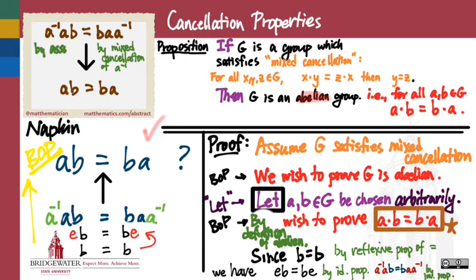By assumption of mixed cancellation in G. AB is equal to BA. And then because now we can see as the reader, that was exactly the burden of proof that we wish to establish. Now that we've established it, the proof is over. Put a box, put a QED, whatever you like for your end of proof signifier.